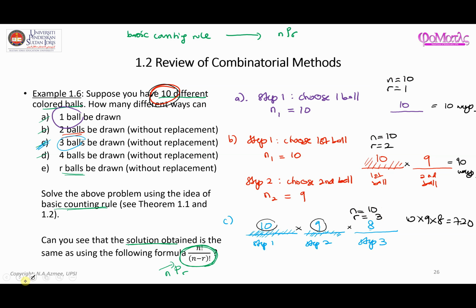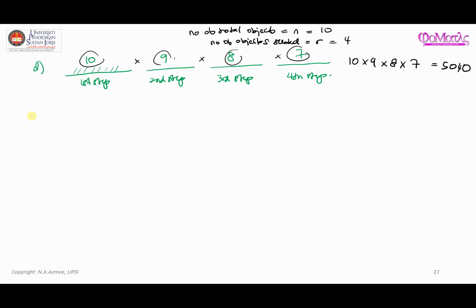Now we are going to move on and see what happens if you select r balls from, let's say, 10 different balls. So we are going to select r balls out of 10 objects or 10 balls.